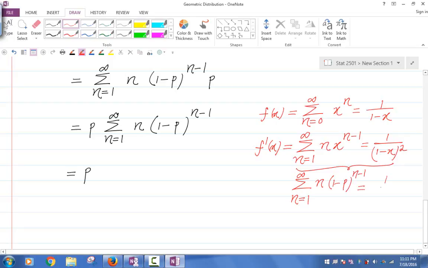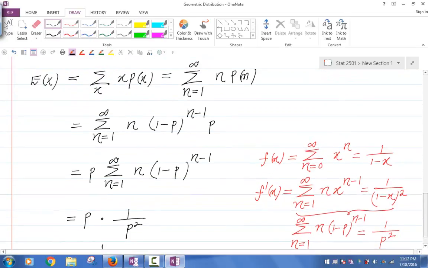And on the right side, if I replace x by 1 minus p, I get 1 over p squared. So this sum is the same as 1 over p squared, and the expectation is p times 1 over p squared, which is equal to 1 over p.